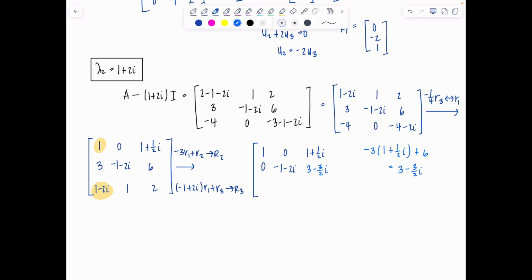And then negative 1 plus 2i, row 1 plus row 3 is the new row 3, so that's 0, 0. Okay, let's do this. So negative 1 plus 2i times (1 plus 1/2 i) plus 2. What do we expect it to be? Negative 2. Right. What's up, Omar?